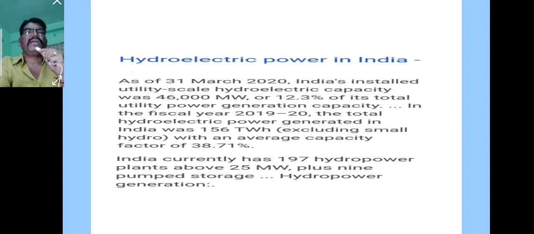In the fiscal year 2019-20, the total hydroelectric power generated in India was 156 TWh, with an average capacity factor of 38.71 percent. India currently has 197 hydropower plants above 25 megawatts, plus 9 pumped storage hydropower plants.